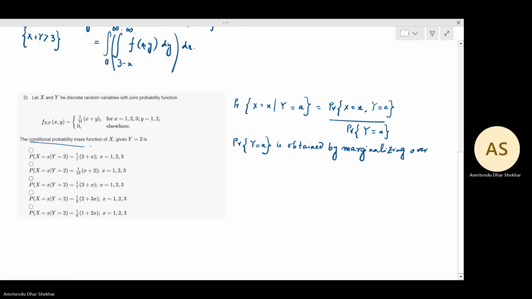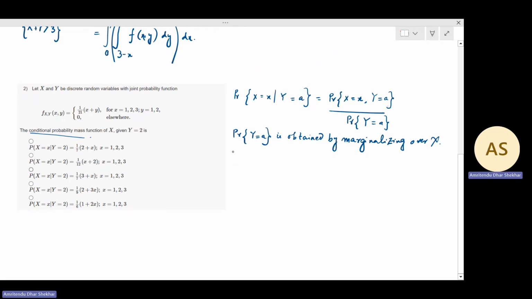In general, if you have a discrete random variable, that would be equal to the sum over i of the probability of X equal to x_i, Y equal to a, where this set x_i is essentially the set of discrete values that the random variable X takes.